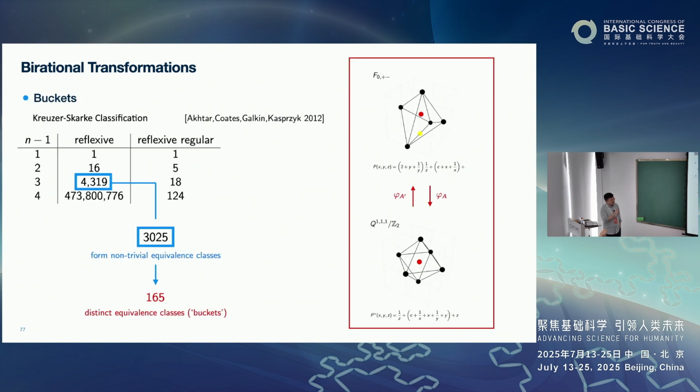But the main point here is that these four mathematicians went through all 4,319 reflexive polytopes in dimension 3 and showed that out of these 4,319, 3,025 of them form equivalence classes. In fact, they subdivide into subsets that are all related by a family of birational transformations.